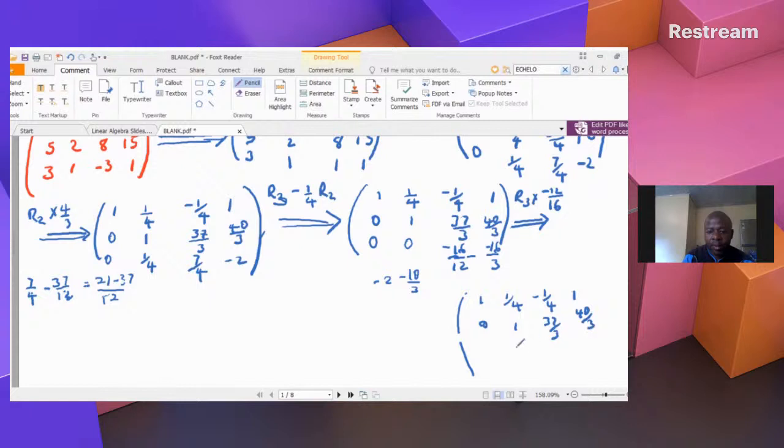And now it's this row 3 that we multiply by negative 12 out of 16. This times negative 12 out of 16, you get 0. 0 times negative 12 out of 16, you get 0. What about this? Times negative 12 out of 16, you would have a 1. And the last one is negative 16 out of 3. Multiply this by negative 12 out of 16.